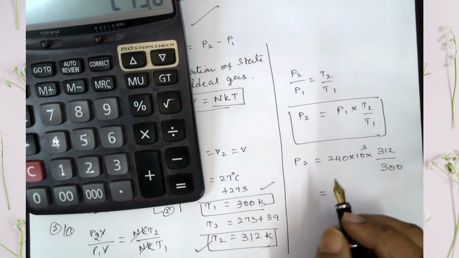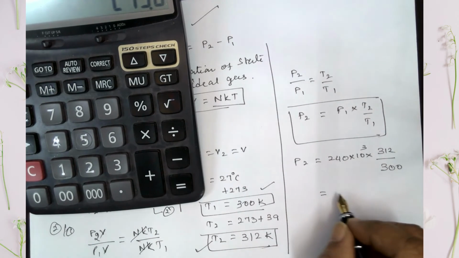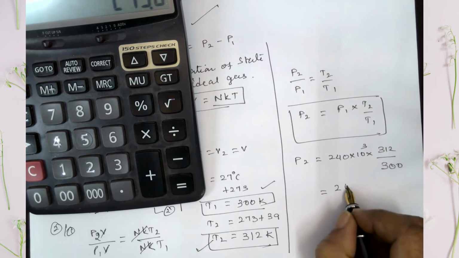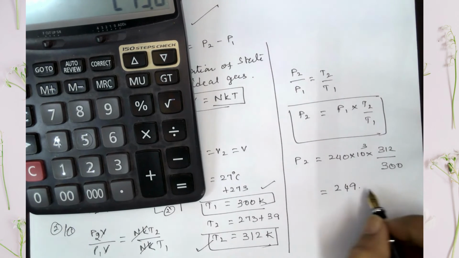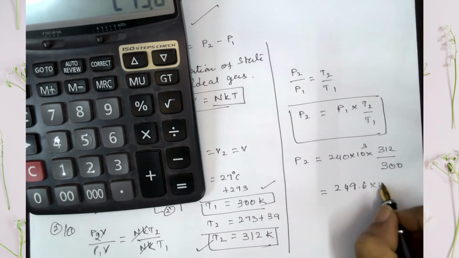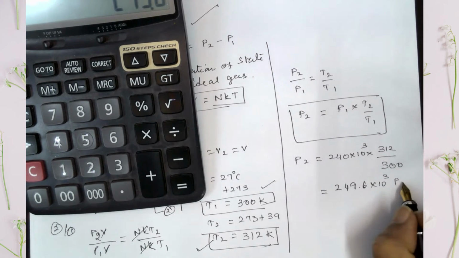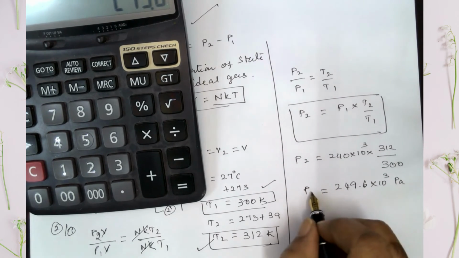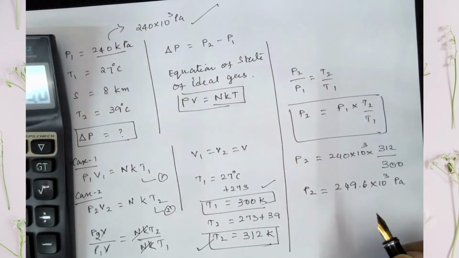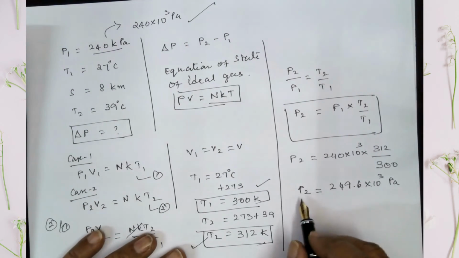That gives 249.6 into 10 cube Pascal. So the pressure of the tire is 249.6.